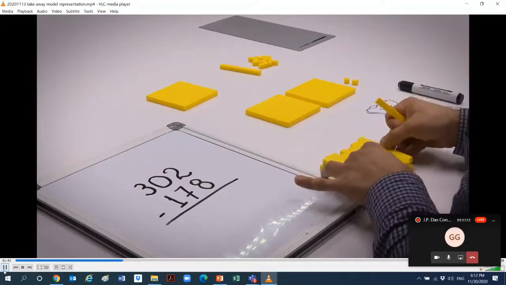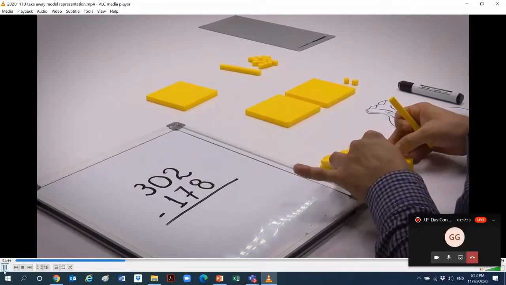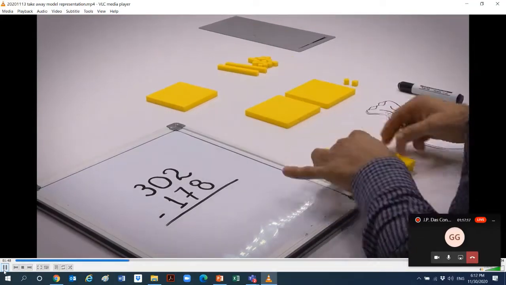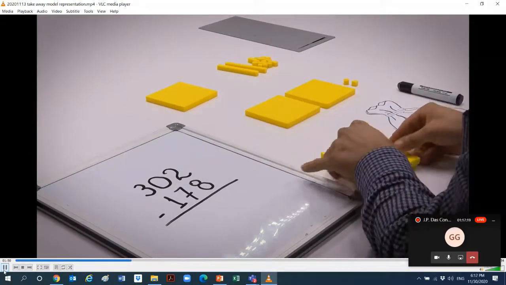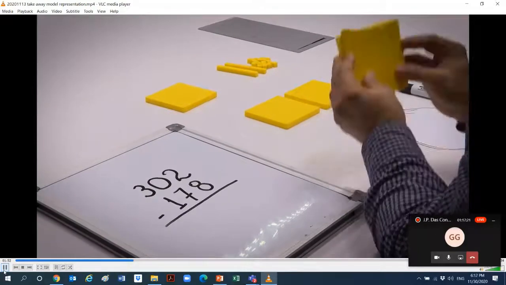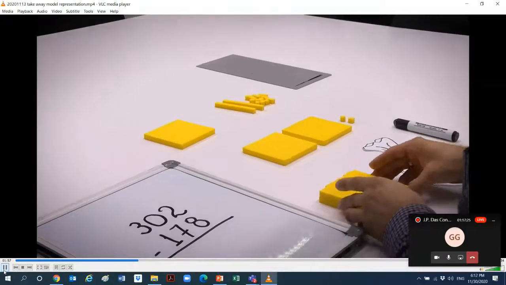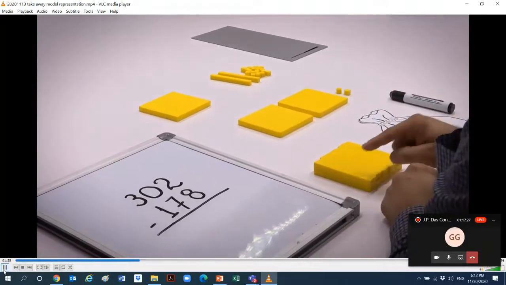And it seems that I need another one. Okay, so let me check. So as you can see here, I covered the area, and let me see how many rods I used.